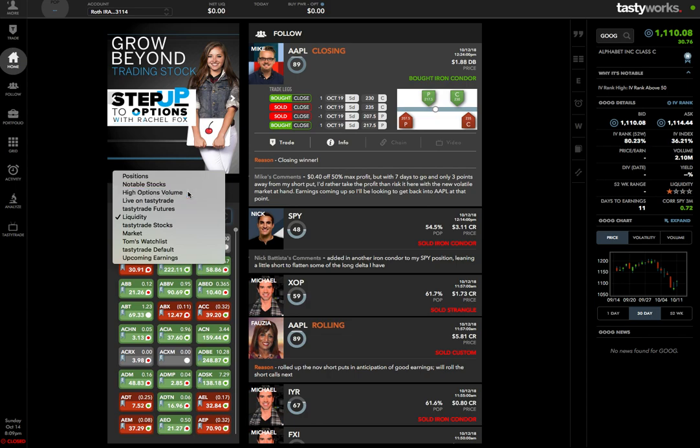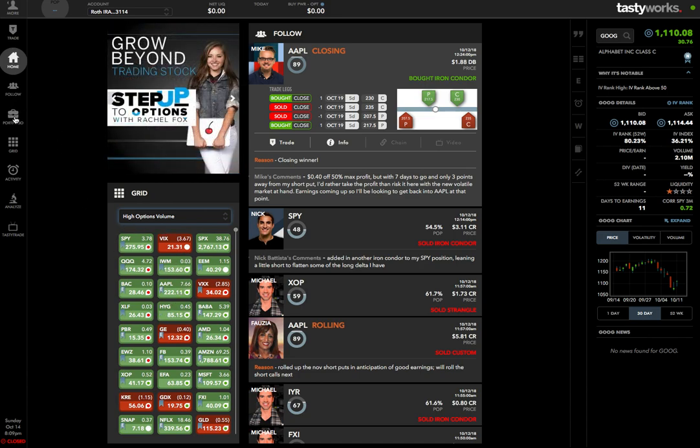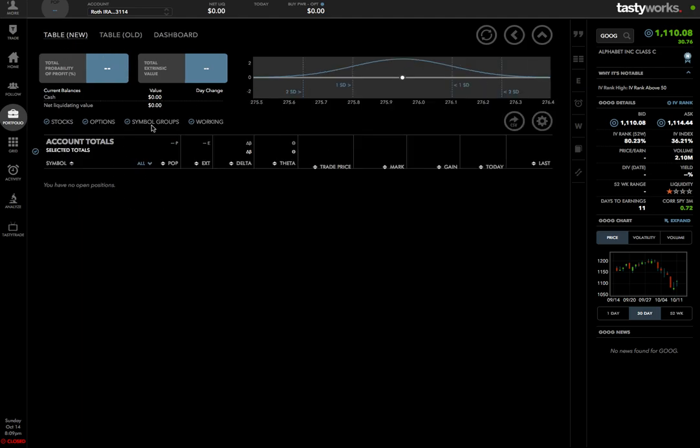I like to just leave mine on high option volume. I want to see where the volume is coming in. Okay. So if you go to your portfolio, it's going to give you a view like this, and you can have an old table, which I prefer, or you could go to a new table, and it's just a preference on how you want to look at your options and your positions, right?